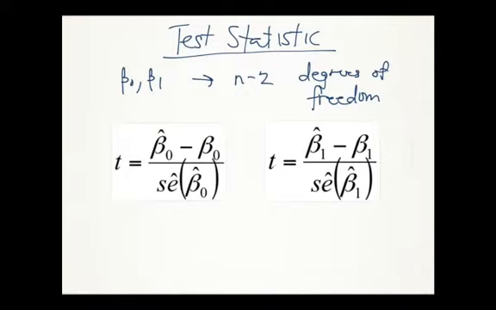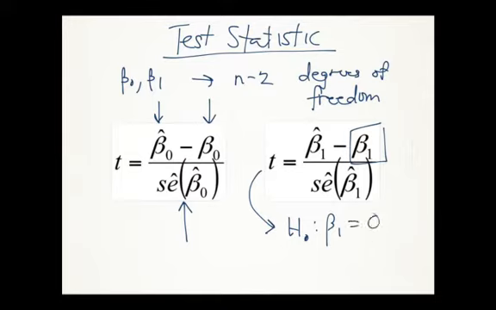We take our estimate minus the hypothesized value divided by the standard error. And typically here, for the slope, the hypothesized value is going to be 0. We're going to be interested in determining whether beta 1 is significantly different from 0, or the alternative is that it's not equal to 0.